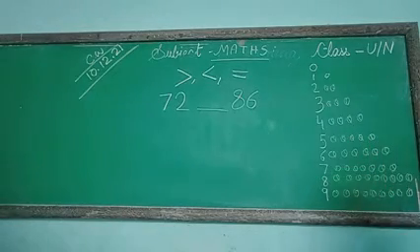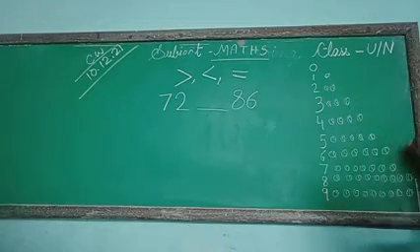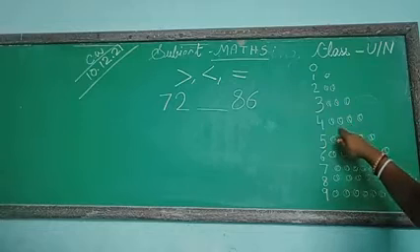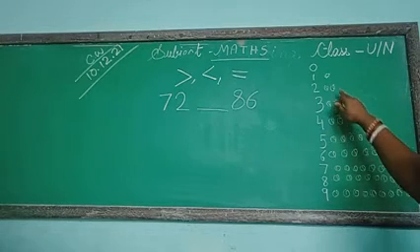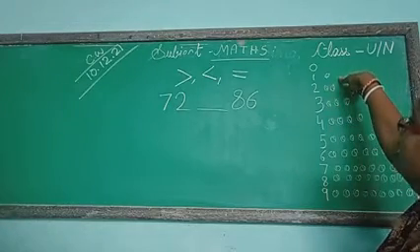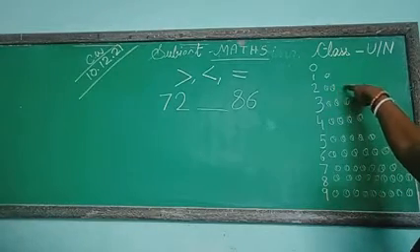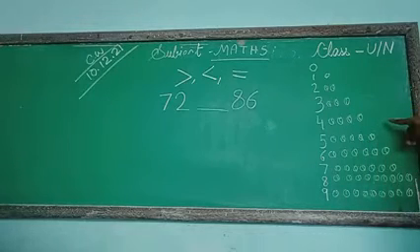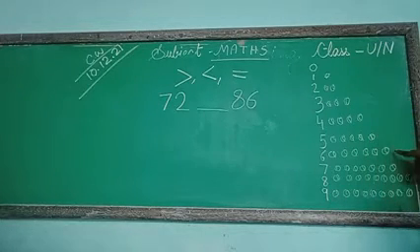So see this: as we go forward, the quantity also becomes more according to the number. 1 is less than 2, 2 is less than 3, 3 is less than 4, 4 is less than 5, 5 is less than 6.